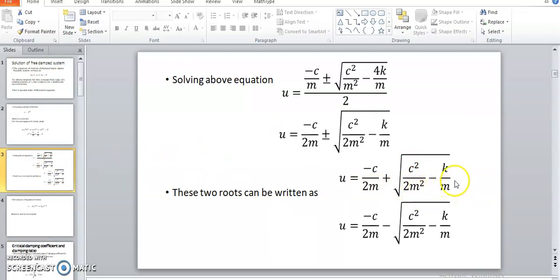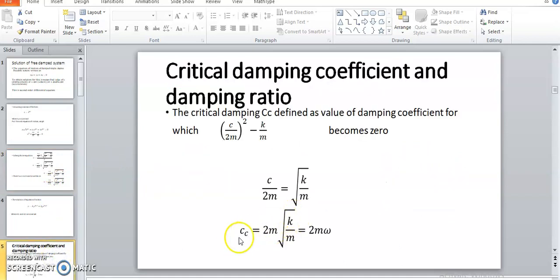When such a condition is observed, when the two roots of the equation of motion become equal, C is replaced by Cc, which we derived as 2m omega n.